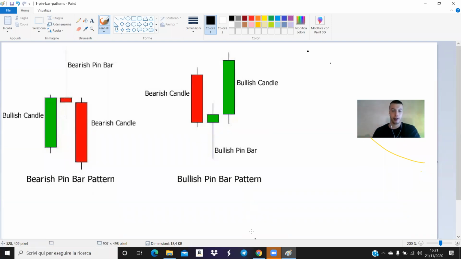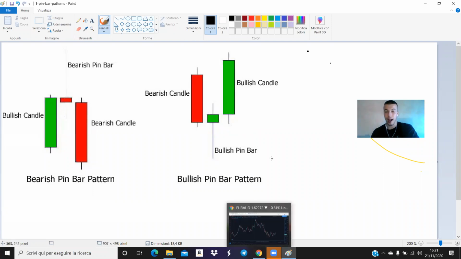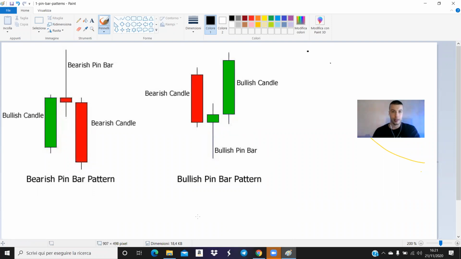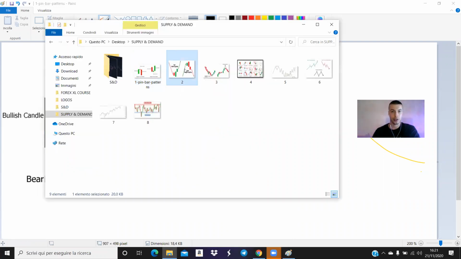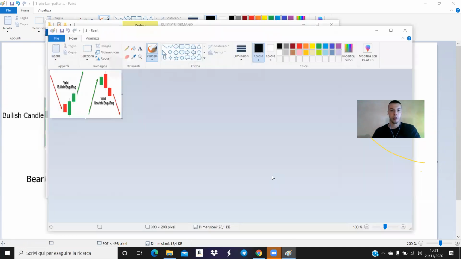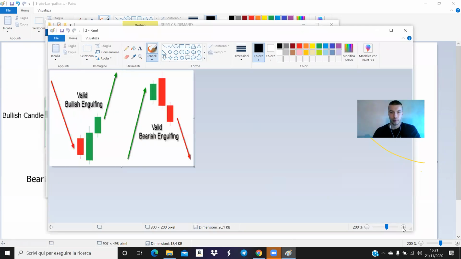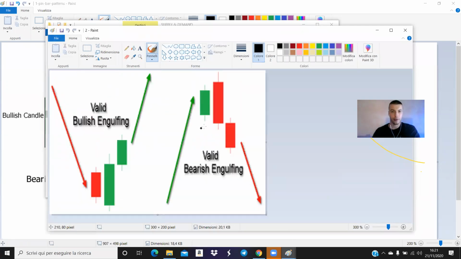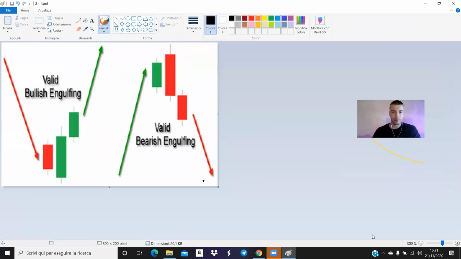In this case, these are my favorite patterns. Of course, there are some others which work really well, and let me give you some other examples. So let's open Paint again. In this case, this is the engulfing pattern. Sorry if you cannot see very well. Still very good, it shows a clear inversion, a clear control of either the bears or the bulls, but you're going to miss out on many pips if you are waiting for this candle.